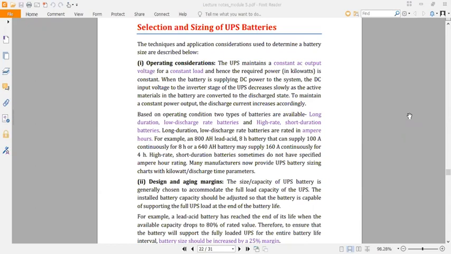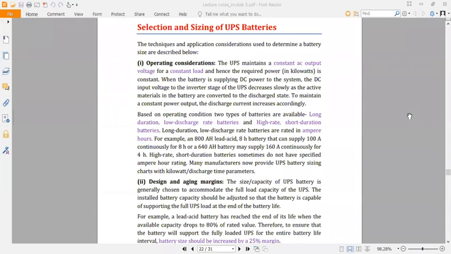So today I am going to explain the selection and sizing of UPS batteries. How are we going to select that this should be the specification of the battery, or this should be the size of the battery?